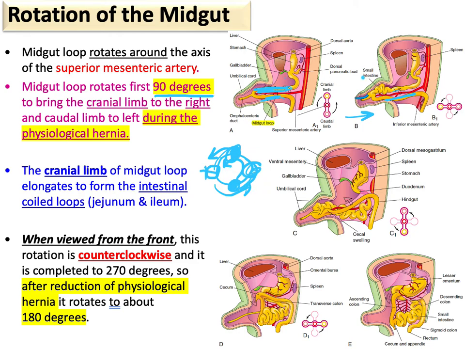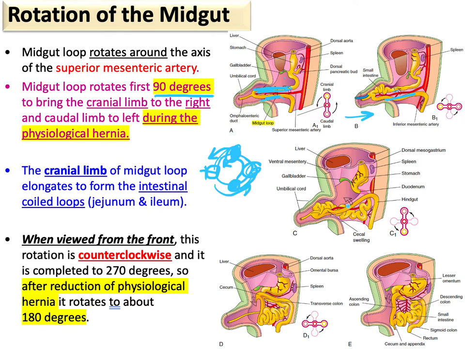Again, let me remind you, the cranial limb will proliferate and grow rapidly and forms small intestinal loops, while the caudal limb undergoes very little change, except for the development, as you see here, of the cecal swelling that will give the cecum and appendix.